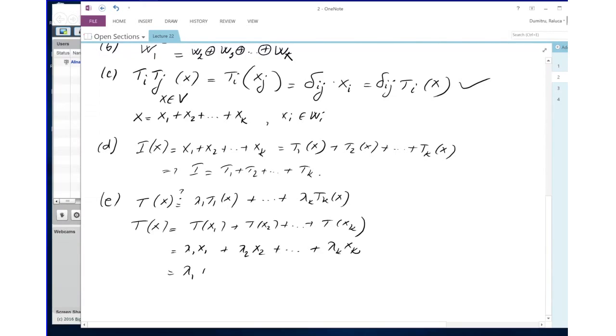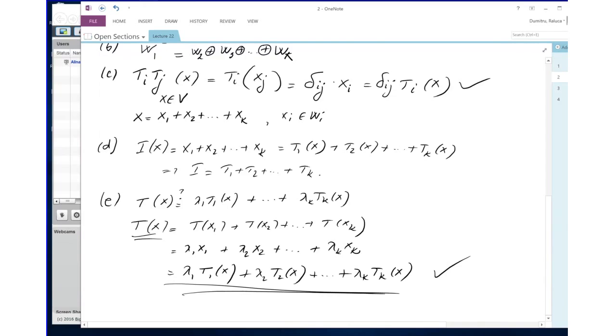All right, but x1 is the same as T1 of x because T1 was the orthogonal projection onto the first space. So T1 just retains the first piece from x, which is x1. T2 is the projection onto the second space, so T2 of x is x2 and so on. Basically, that was exactly what we needed.